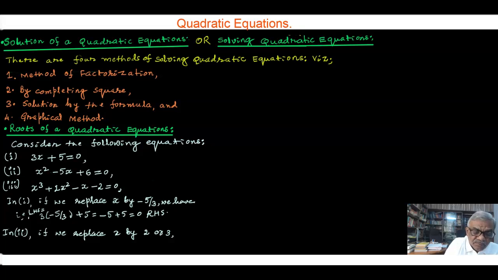And in 2, if we replace x by 2, we get x square, 2 square, minus 5 into 2 plus 6, that is the LHS, equal to 4 minus 10 plus 6, that is 10 minus 10, equal to 0, that is the RHS.